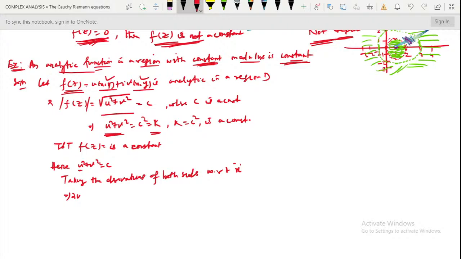So if I apply the CR equations, what will this be? Suppose we write in terms of u. You know your CR equations: ux equals vy and uy equals minus vx. So I apply here: u ux plus v times vx, sorry, this is not vy, this is vx.